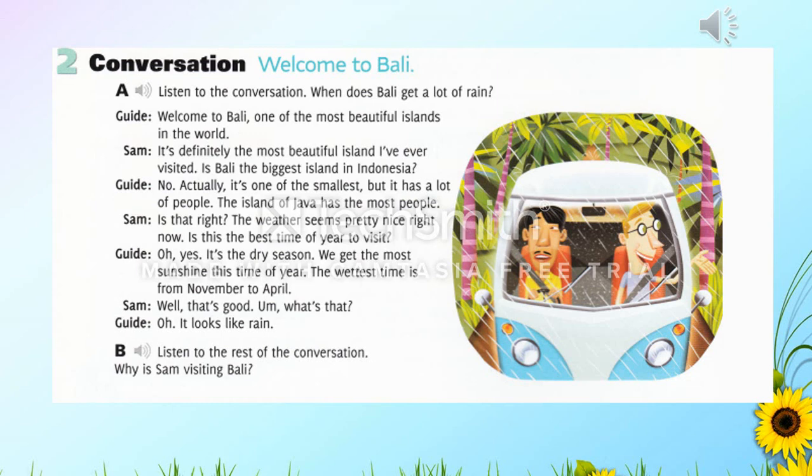Is that right? The weather seems pretty nice right now. Is this the best time of year to visit? Oh yes, it's the dry season. We get the most sunshine this time of year. The wettest time is from November to April. Well, that's good. What's that? Oh, it looks like rain.